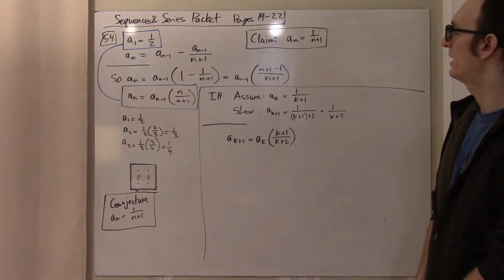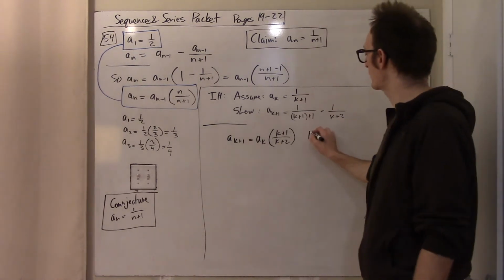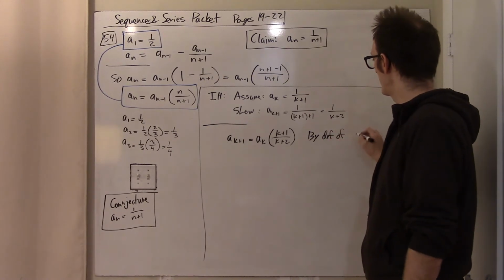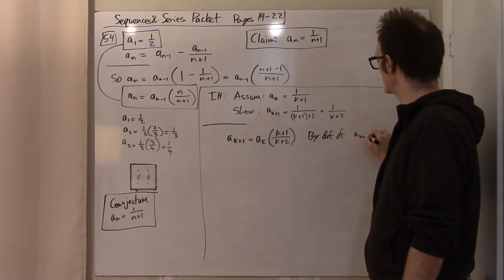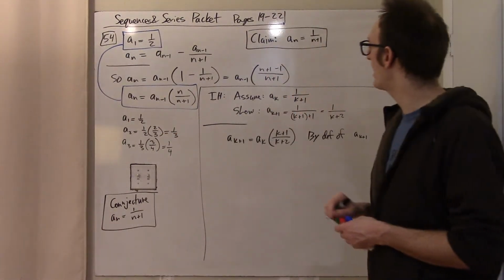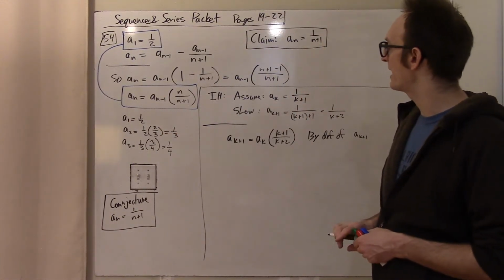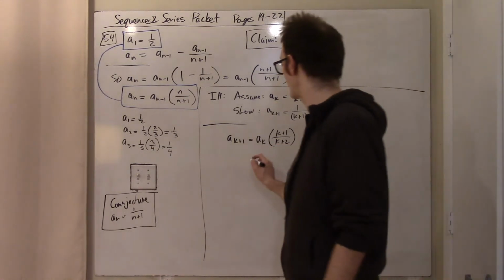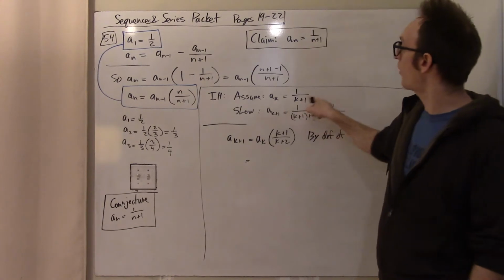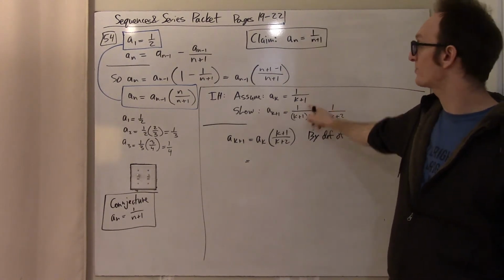Okay, good. Maybe I'll even just write, by definition of a sub k plus 1, by the definition of the sequence. Well, now I use my inductive hypothesis, because my inductive hypothesis is that 1 over k plus 1 is the correct formula.